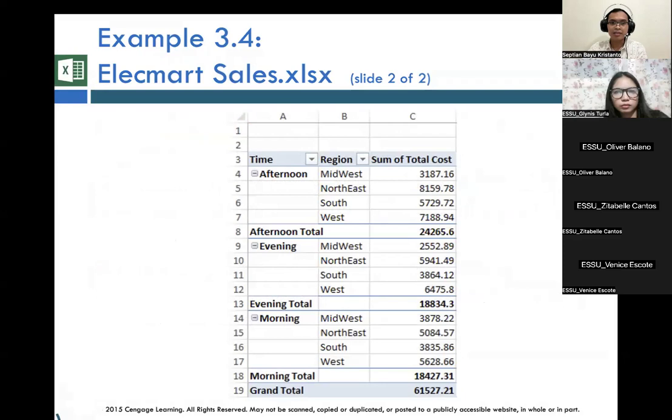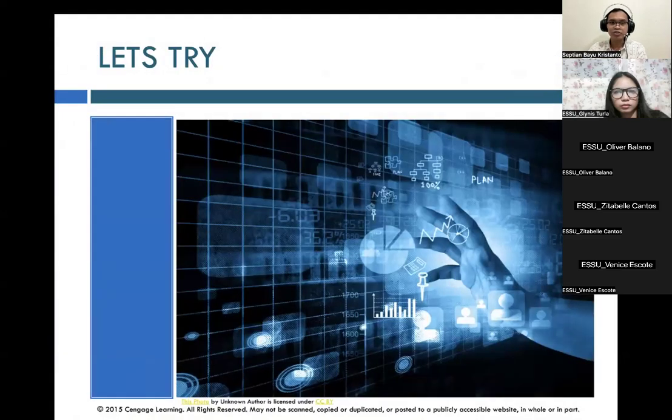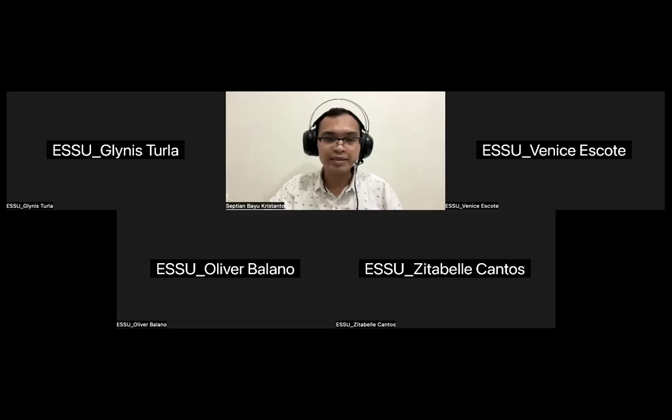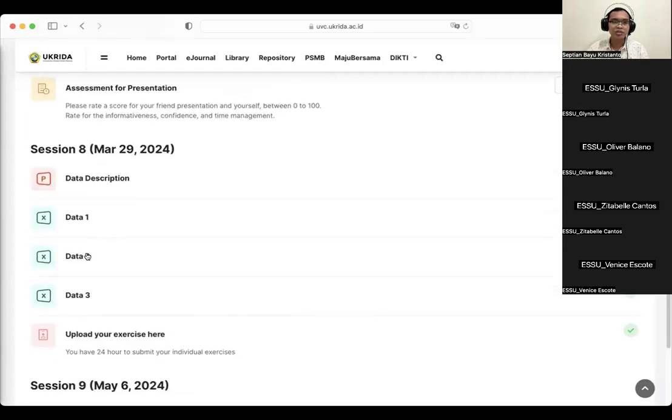So this is an example where you can find the data, or you can try the different numbers from the exercise. So please check your virtual class here. You have data 1, data 2, and data 3. What is your next activity?